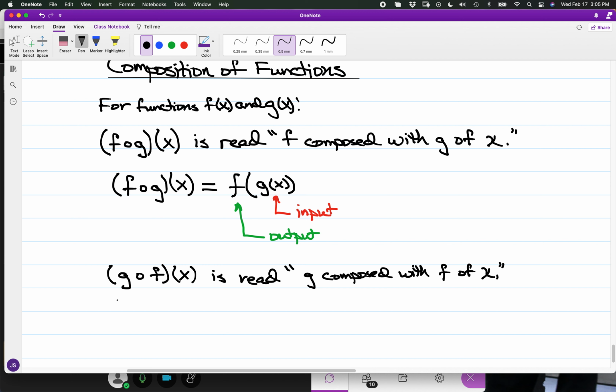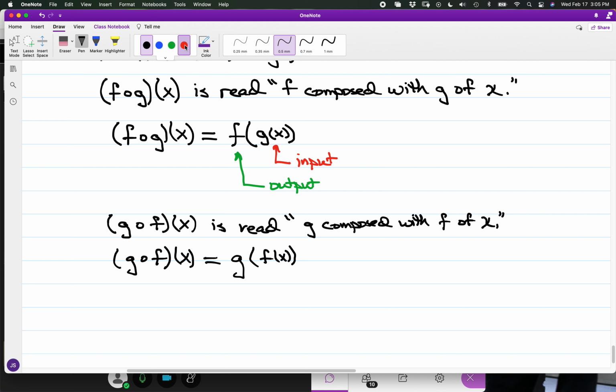And so for this layout, g composed with f of x is equal to g of f of x. So there's a bit of a turning of the tables in terms of what is going to be the input and what is going to be the output. Now f of x is the input, and of course, the operational follow-through is going to be in accordance with g, where the g part is going to be the output.